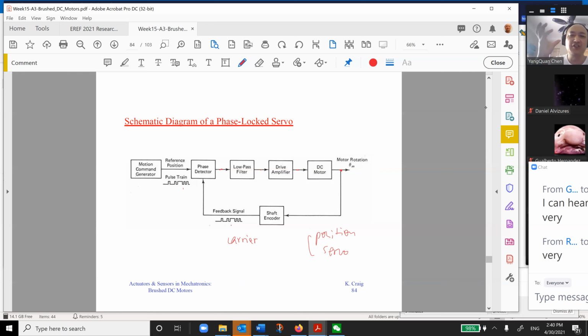If there's a phase shift, there's an error. This error is used to drive that such that it's synchronized. Then this one becomes a 0. So it's kind of like the phase synchronized, but they call this phase locked. So this is a phase locked servo.